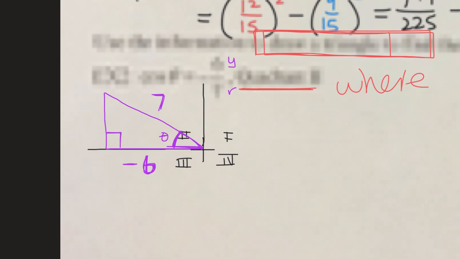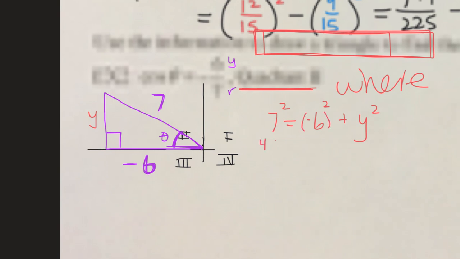Okay? But when we do the Pythagorean theorem to figure out what your y value is, it doesn't matter when you put it into the Pythagorean theorem. Okay, so yes, it is a -6 for your triangle, but when you square -6, well, that's the same as if you squared +6.